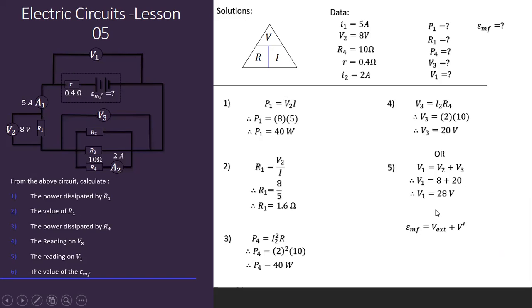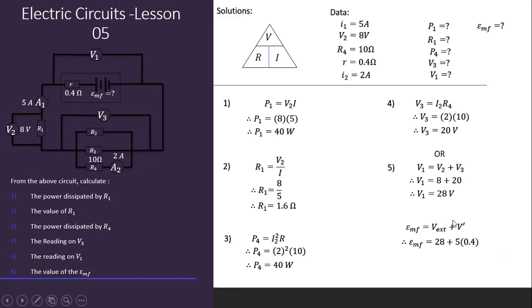Okay, we have V external, which is the reading on V1, which is 28 volts. Remember that lost volts is just current times internal resistance. So when we substitute the values, we have V external, which is 28, which we just calculated here.